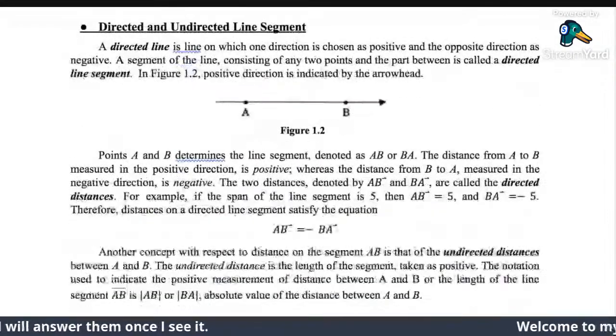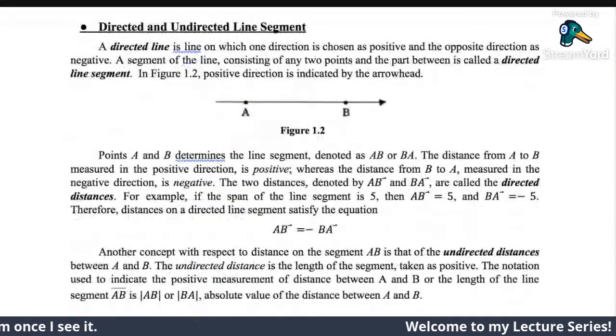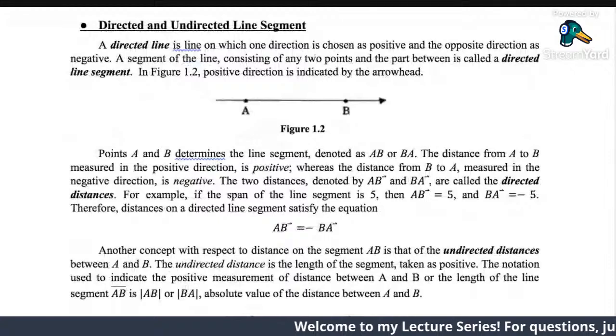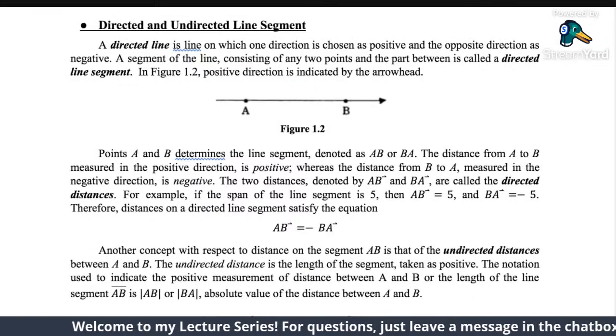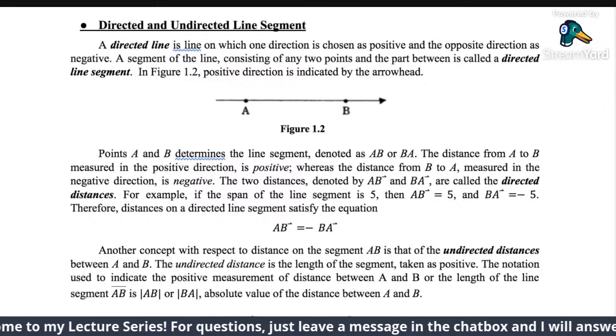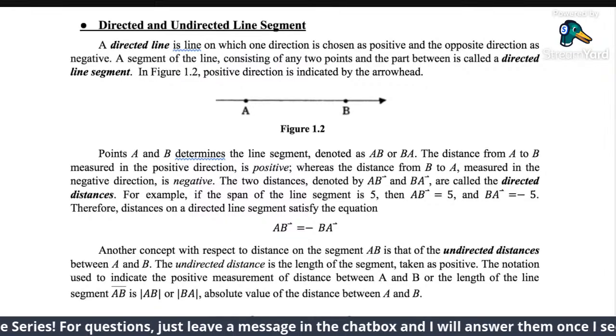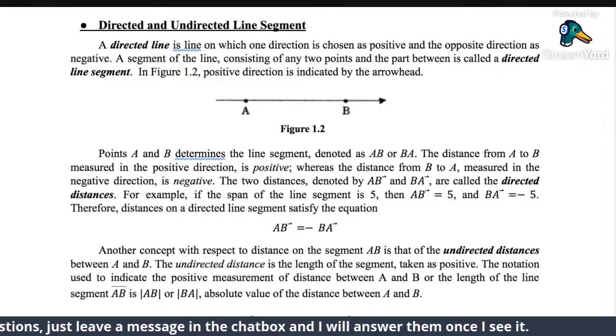When we talk about a directed line, it's a line on which one direction is chosen as positive and the opposite direction as negative. A segment of the line consisting of any 2 points and the part between is called the directed line segment.